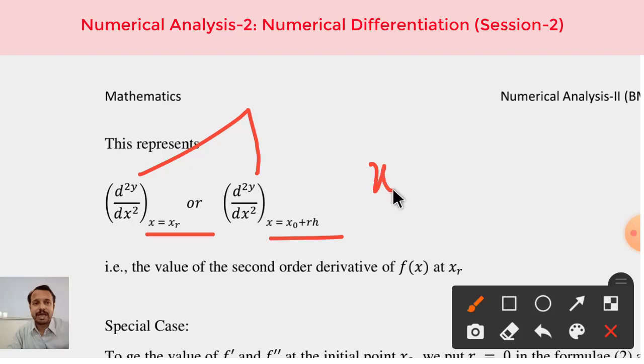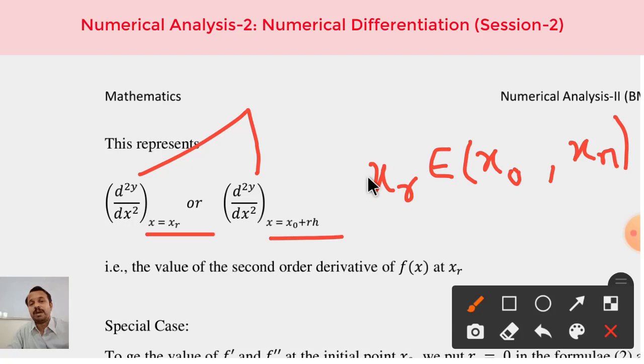Xr is any value which is near the beginning of the table and it belongs to the interval x0 to xn. So it is in the table of the values of x0 and xn and it is in the beginning of the table. So then only we are advised to use the Newton's forward interpolation formula.